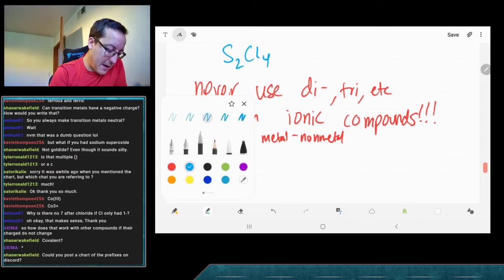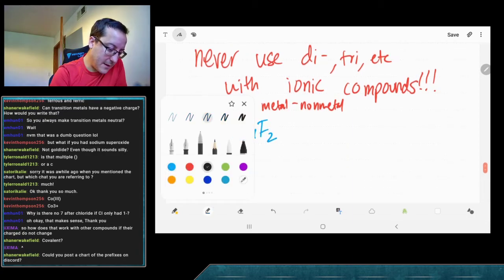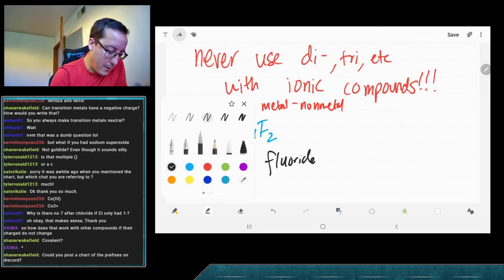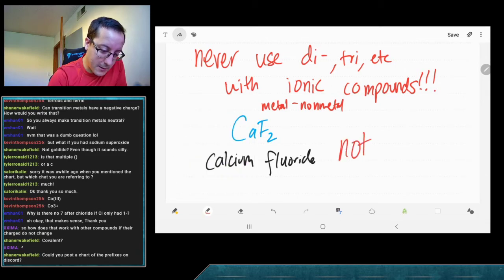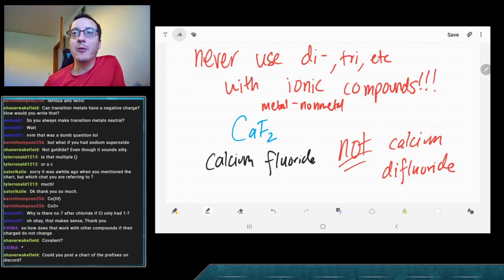We must say that this is calcium fluoride. It is not this. I will yell at you a lot about this because I guarantee some of you will do it. So never, never, never use di or whatever if you have a metal, non-metal. Okay, cool.